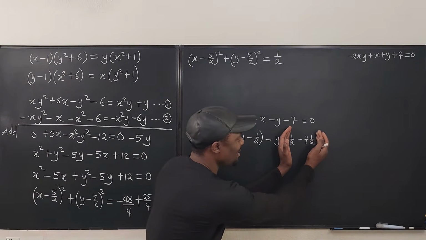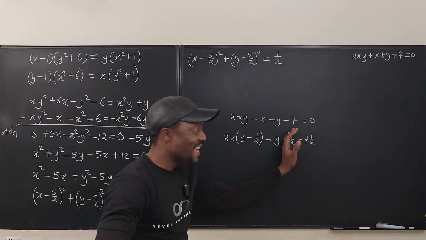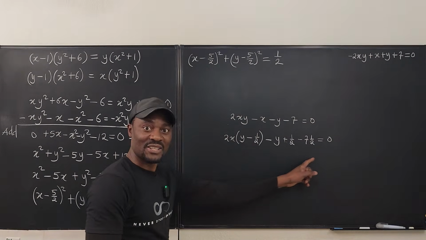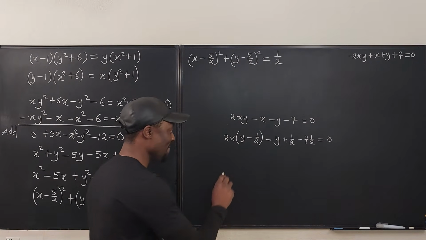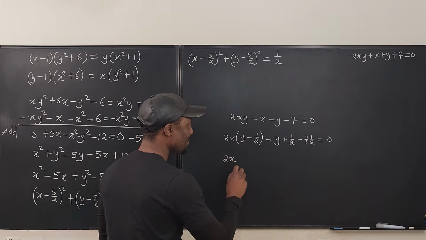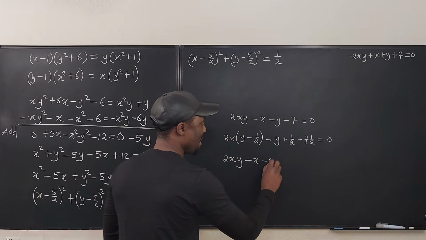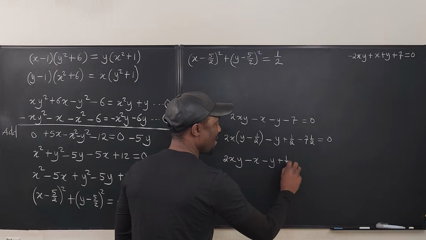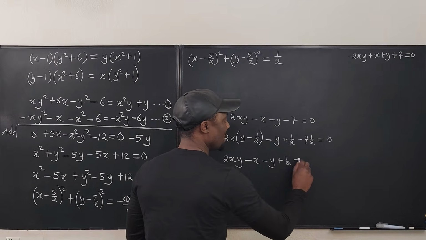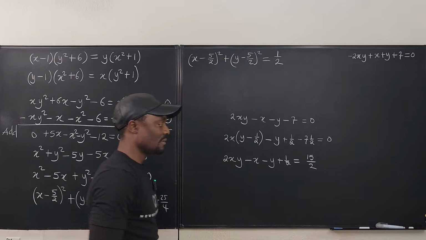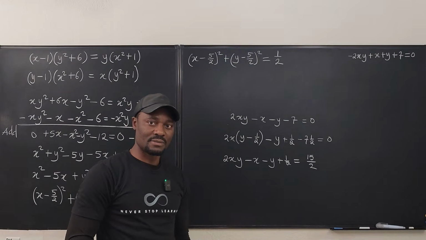Because now what I have is still 7, but I have provided myself the opportunity to correctly factor this. So see what's going to happen. Let me rewrite this: 2xy minus x minus y plus 1/2. I move this over, it gives me 7.5. I can write that as 15 over 2. Now I can factor.